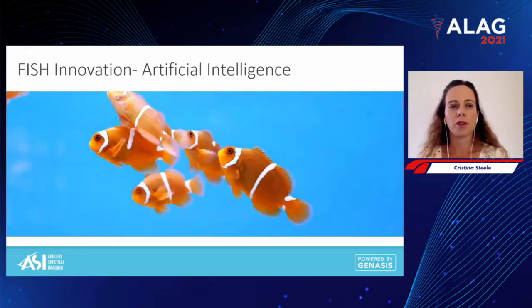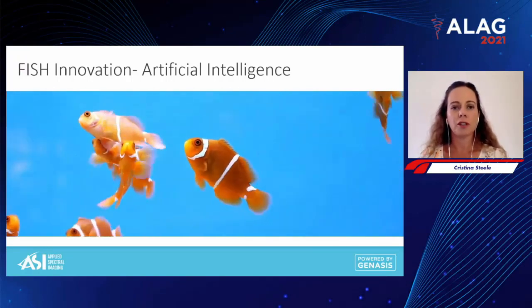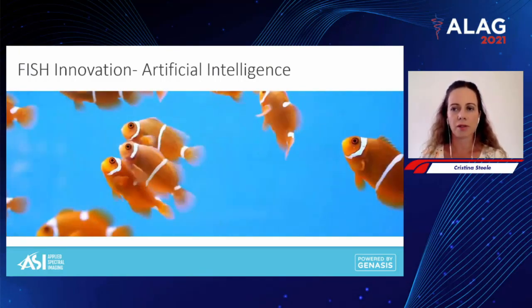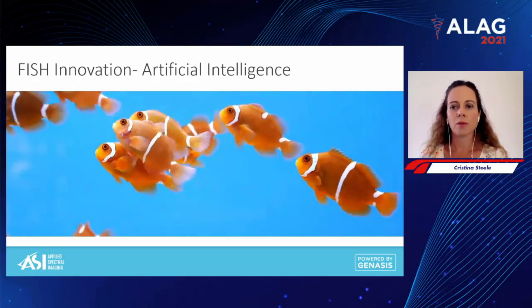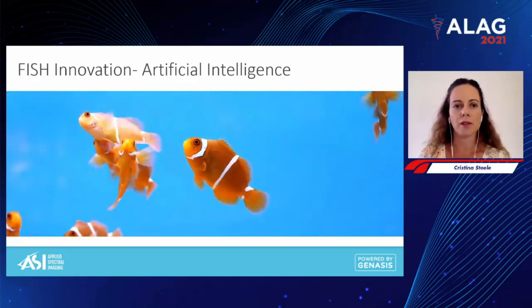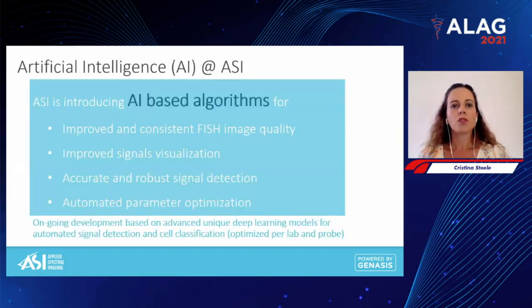So where ASI is going in the future with fish innovation and bringing in more artificial intelligence is so that we're always improving this product and moving forward as needed in this field. Where we are moving with these AI-based algorithms is to constantly improve the image quality to make sure that the end user is 100% comfortable with what they are viewing and reviewing.